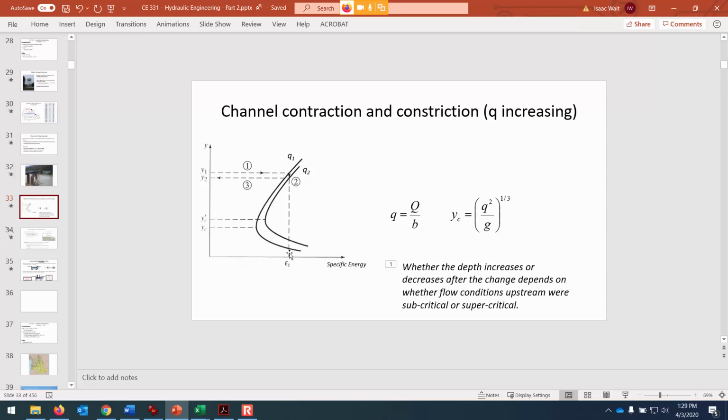But if flow conditions originally were supercritical, meaning that our flow depth was less than the critical depth, so if we were below the minimum point on that curve, then the same amount of specific energy would give you an increased flow depth. So we needed to know the flow regime at location 1. And if it's supercritical, then that means the depth is increasing. If it's subcritical, that means the depth is decreasing.